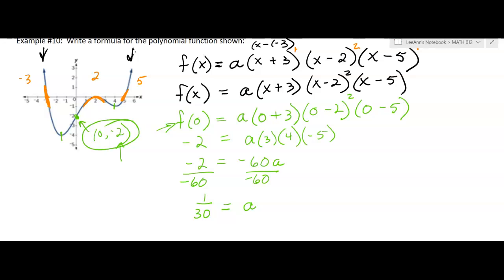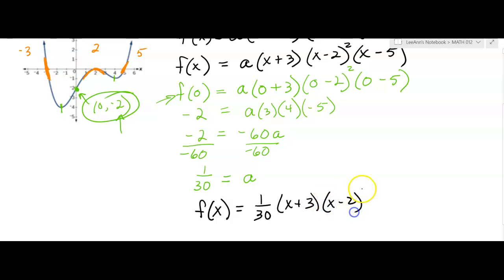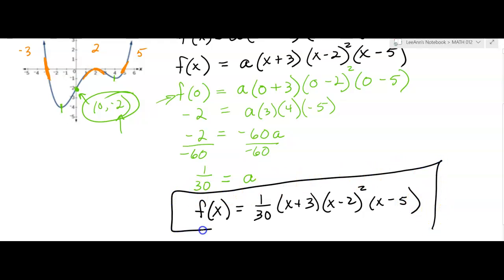Okay, let me scroll up so we can write it. We're going to take that factored form that I have at the top, and then all we're going to do is put in the a part. So f of x is equal to 1 over 30 times (x plus 3), (x minus 2) squared, and (x minus 5). Okay, there's the answer.